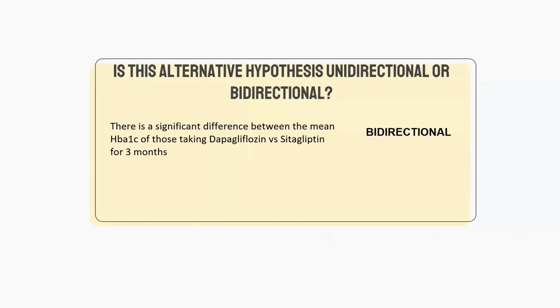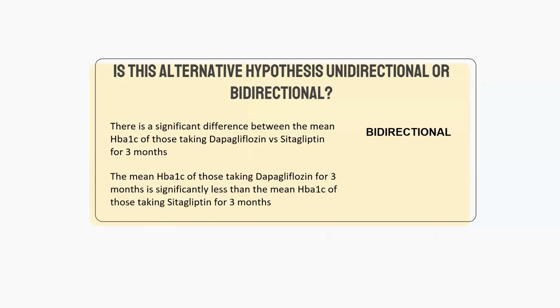So this is bidirectional. Then how would you make that into a unidirectional hypothesis? So you can state that as, for example, the mean HbA1c of those taking dapagliflozin for 3 months is significantly less than the mean HbA1c of those taking sitagliptin for 3 months. So that's unidirectional.